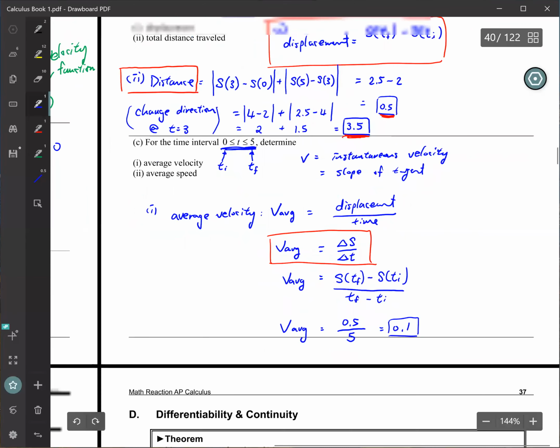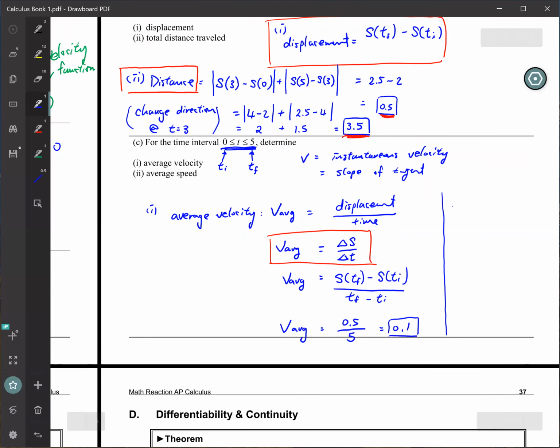Okay, now the next one, the average speed. So remember, speed doesn't care about directions. So you have to include all the distance that you've traveled. You think of it like it's traveling in a straight line, right? As you are driving, you could be making a lot of turns. So when you calculate the average speed, you include all the distance that you travel.